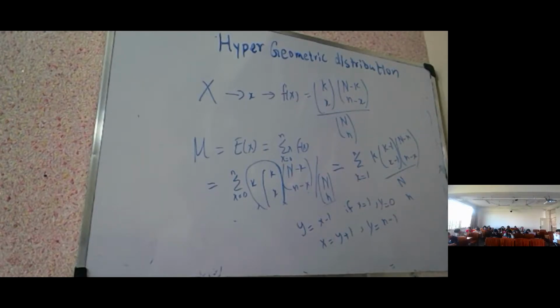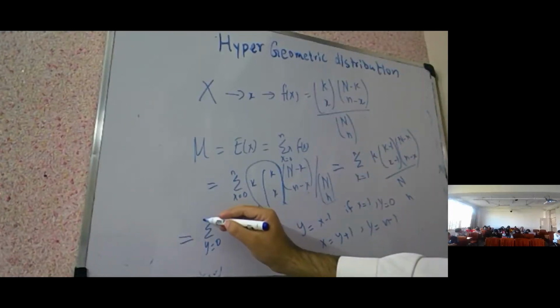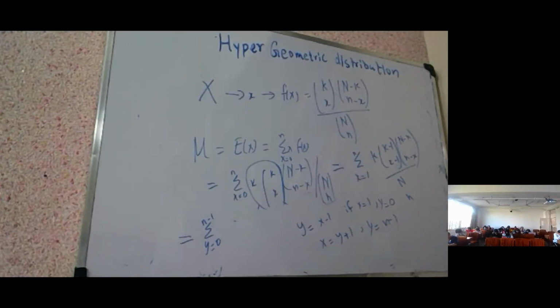So can I rewrite this equation as the sum of y equal to 0 to n minus 1, since x is n, so y will be n minus 1.